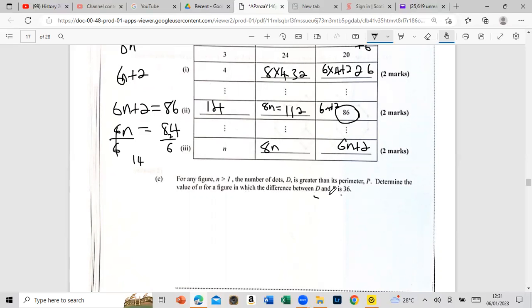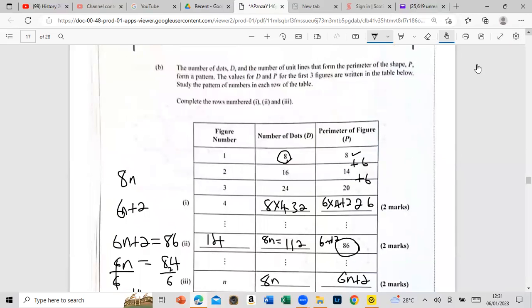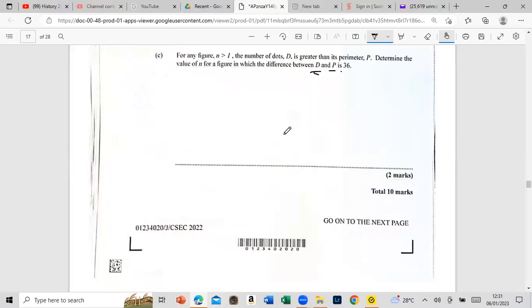So we are going to set up that now. What was the D again? Which one represents the dots? All right, so these are D. So D, the dots, minus P must work out to 36.